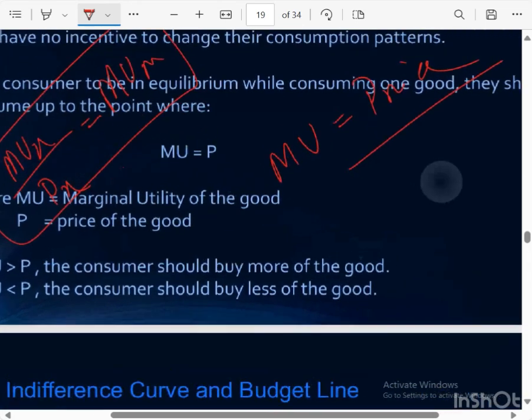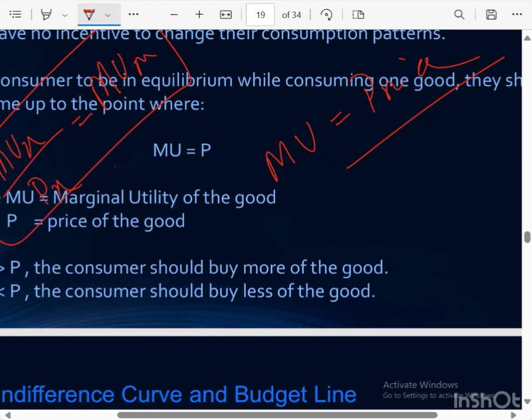For multiple goods, MUx divided by Px is equal to MUy divided by Py, which is equal to the marginal utility of money. This means the consumer distributes their income so that the utility from the last unit spent on each good is the same.